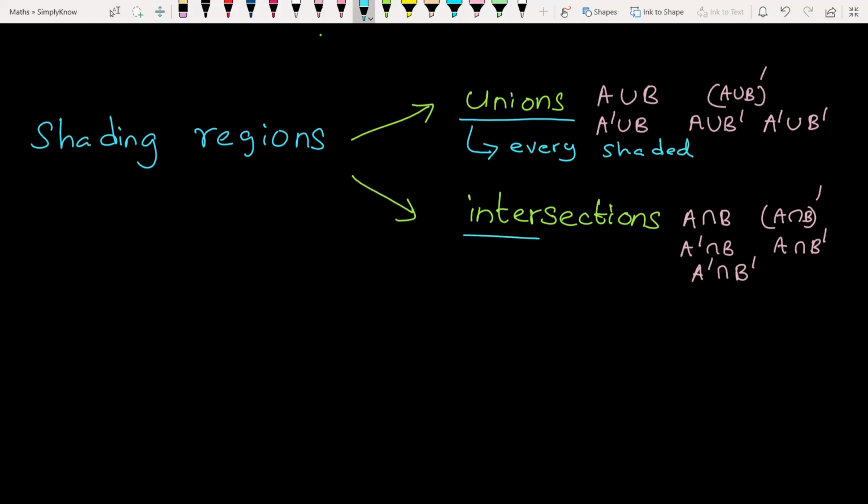And when it comes to intersections, you need to take the region that is shaded twice to your answer. Okay, I hope you understood how to simply shade regions in a Venn diagram with two sets.